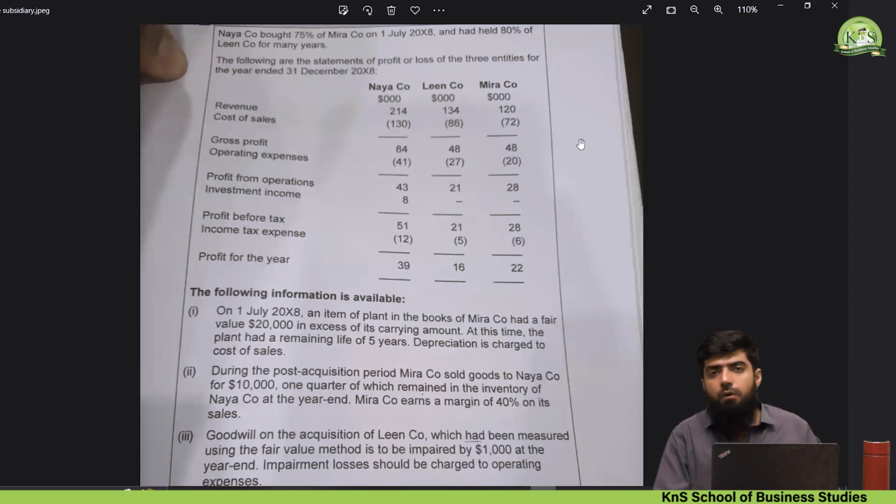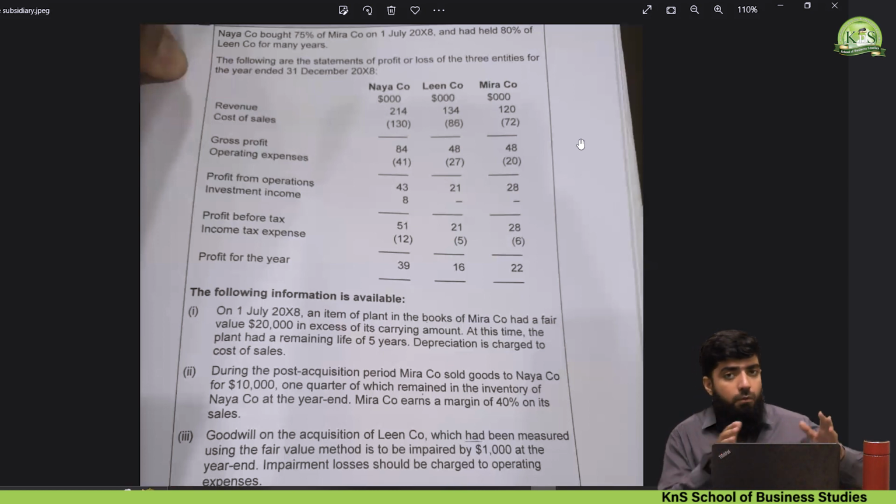In this scenario, the parent has multiple subsidiaries. It means the parent company has invested in two companies and both are subsidiaries, so the parent has acquired more than 50% of the ordinary shares of two companies.